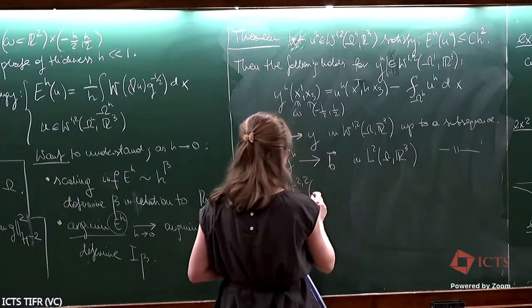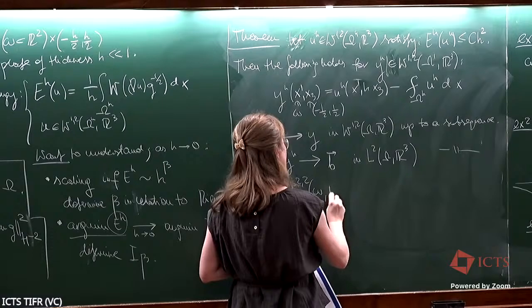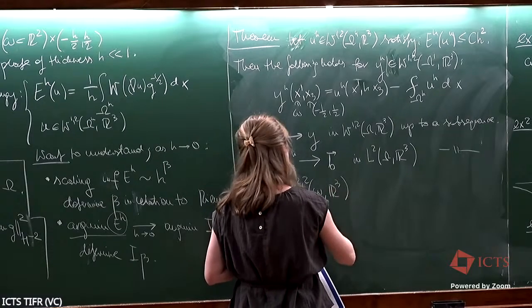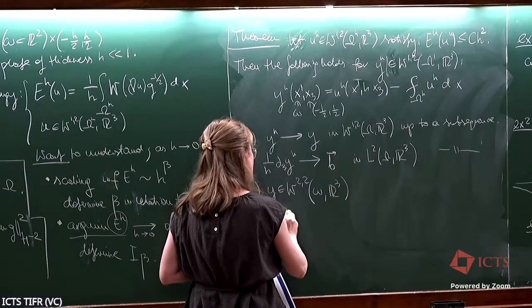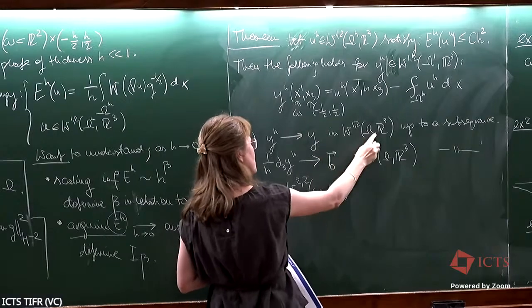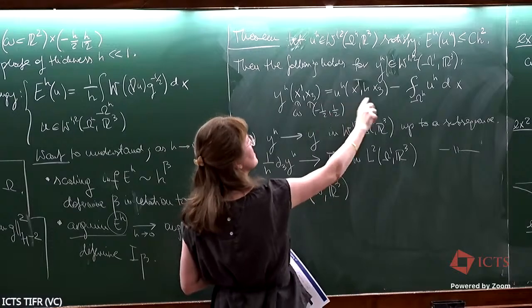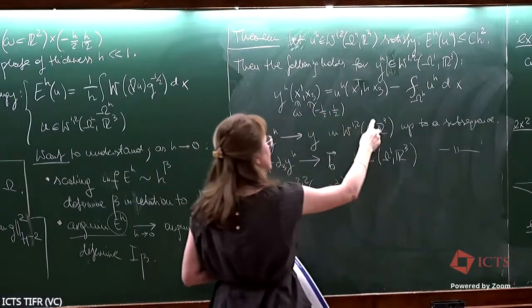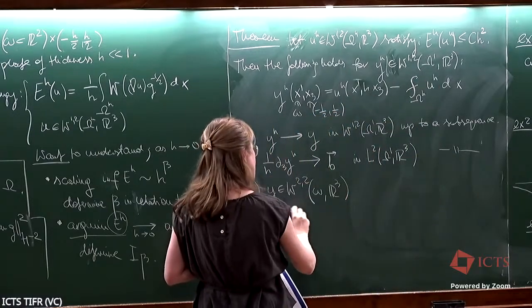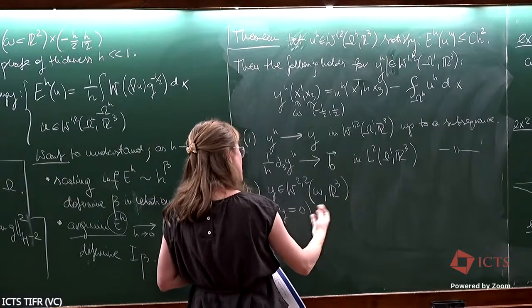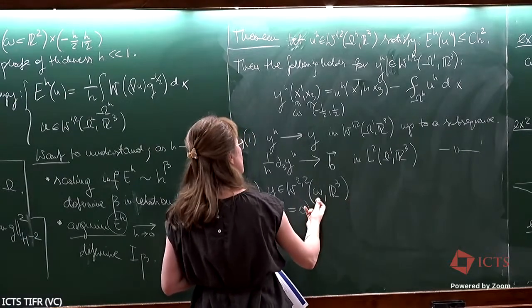It's W^{2,2} from little omega to R^3. By this I mean that d3 y, which is a function on Omega_1, is 0. So I'm going to equivalently write it as a function just defined on the midplane.